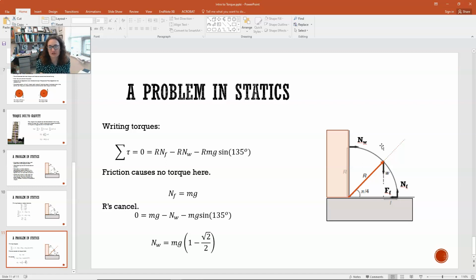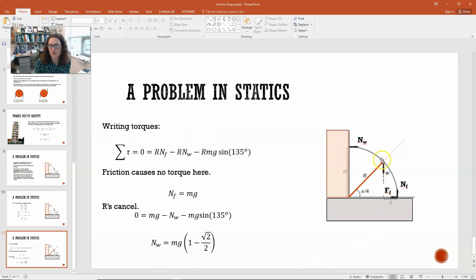And the magnitude of that torque would be the radius of my circle arc, big R, times N sub W, because my position vector would point straight up, from the intersection of the wall and the floor to N sub W, and that's a 90-degree angle there. So I'm just going to have R times N sub W for my magnitude of the torque, and it's going to be negative for that normal force from the wall.